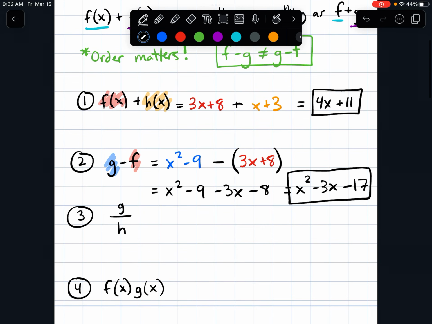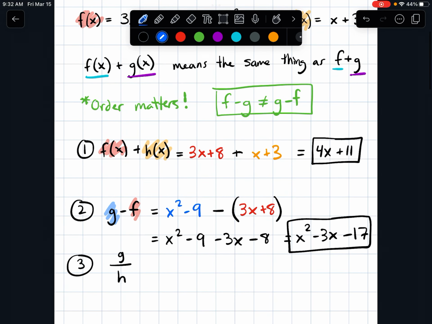Now I'm going to take g and divide it by h. My function g is x squared minus 9, so I'm going to take this x squared minus 9 and divide it by h of x. Sorry, I keep using the wrong highlighter there. We know that h of x is x plus 3.